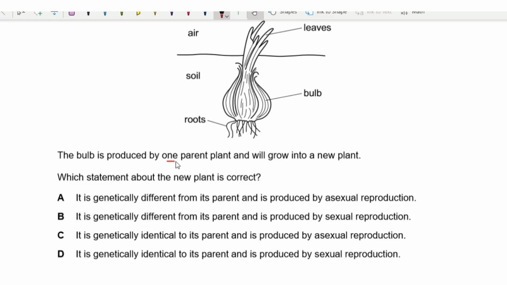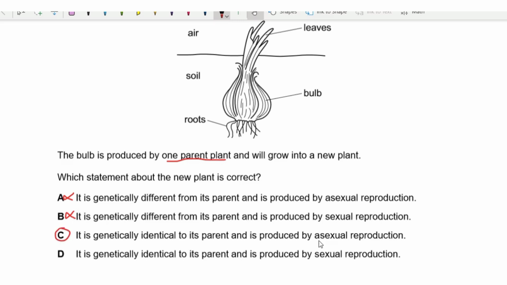Alright? One plant. That is asexual reproduction. And in asexual reproduction, they are genetically identical. So for option A to say they are genetically different is wrong. For option B to say they are genetically different as well is wrong. Option C says they are genetically identical. Okay, good.